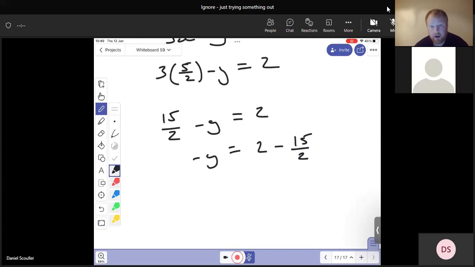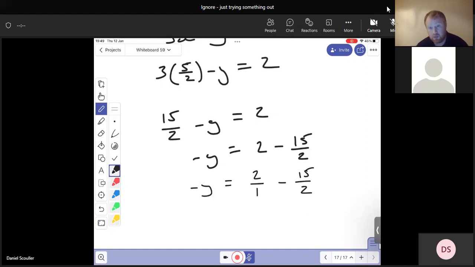To tidy up that right hand side, instead of writing 2 on its own, I can write that as 2 over 1. Any number on its own, you can divide it by 1 and you'd get the same number. So if you wanted to write any number on its own as a fraction, just divide it by 1 like that. And that means you can tidy that up a wee bit by doing our subtraction of fractions.